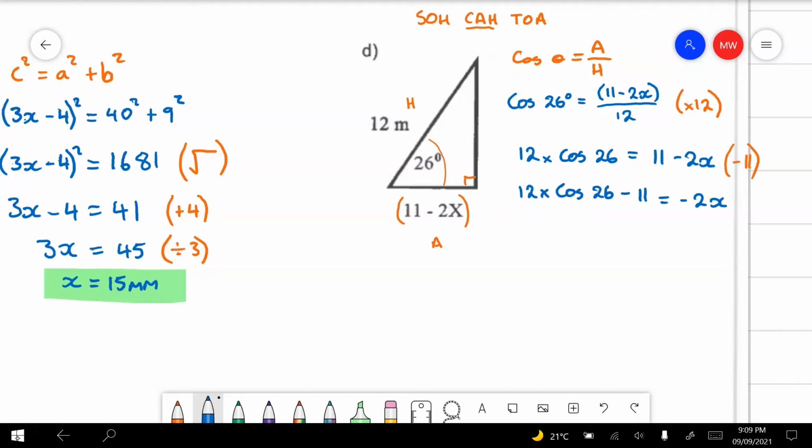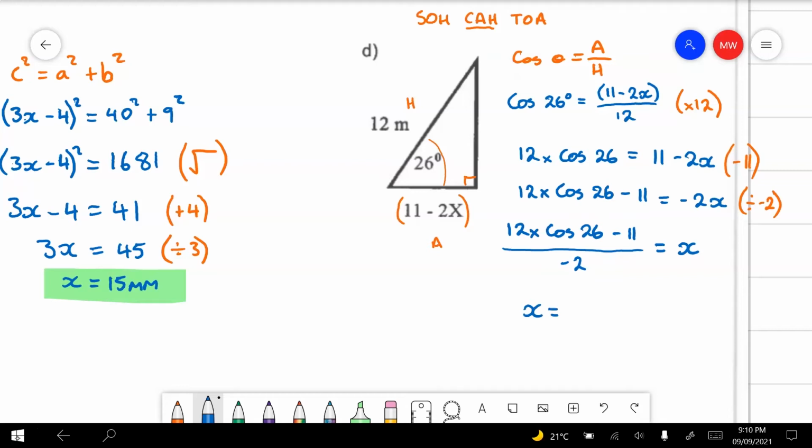So we'll divide both sides by minus 2. And now I've got 12 times cos 26 minus 11 all over minus 2 equaling x. And now all I've got to do is put it in my calculator.